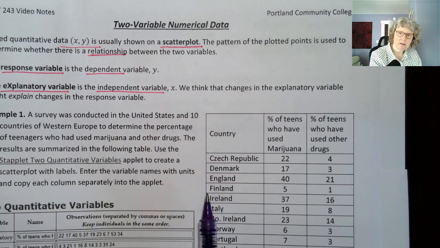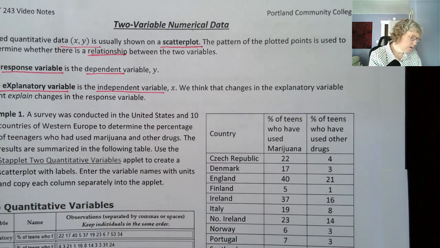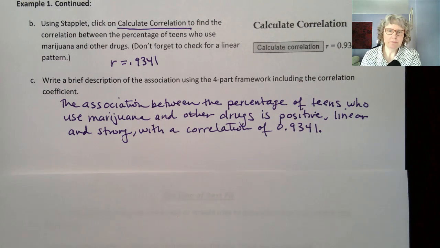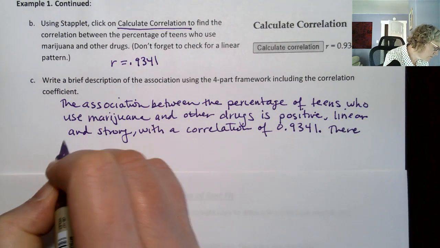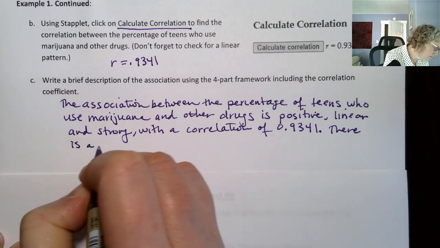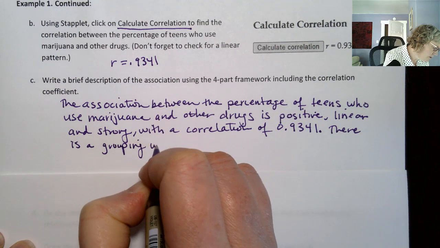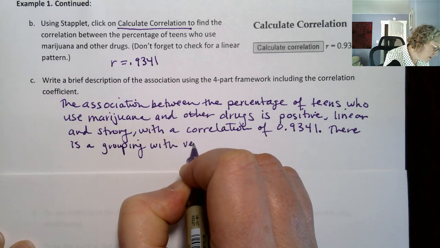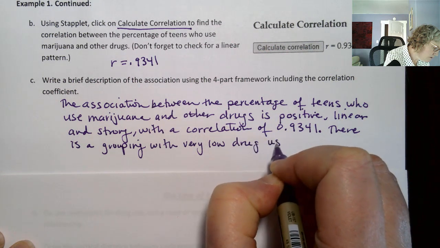So it's Finland, Norway, and Portugal. So I'm going to say there's a grouping with very low drug usage.